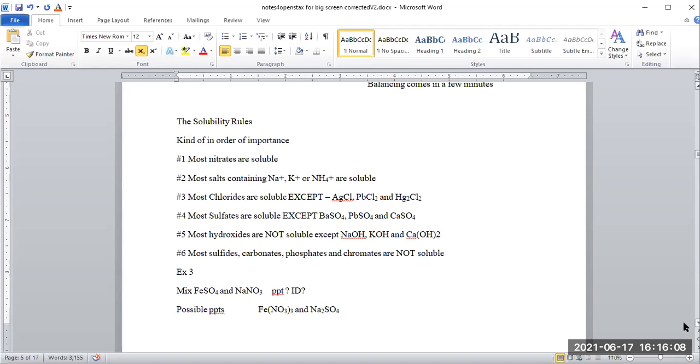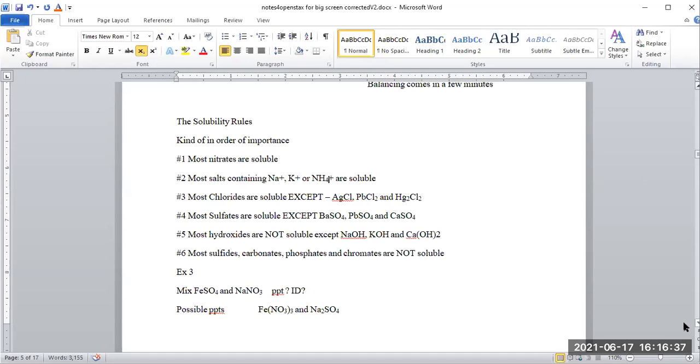Now, the bottom two rules are kind of backwards in the way they are stated. So most hydroxides are not soluble, except for the sodium, potassium, and calcium. One of the things that's happening here is these rules are kind of in order of importance.